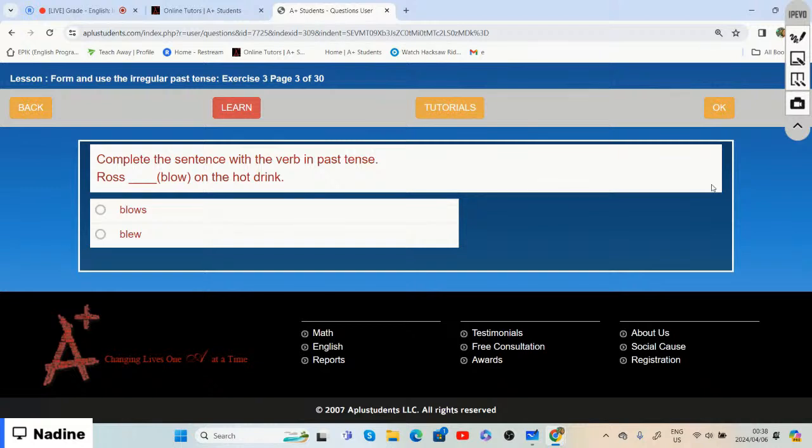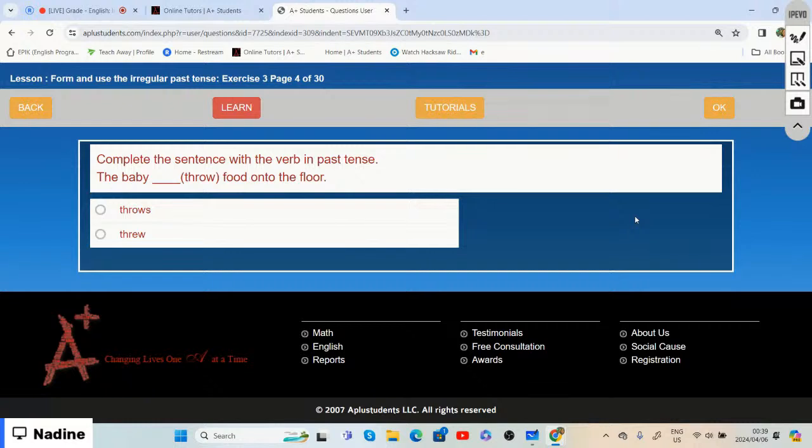Yes, well done. So we can say Ross blew on the hot drink. Blew is correct because blow is the present tense form, but in the past tense it is blew, right?